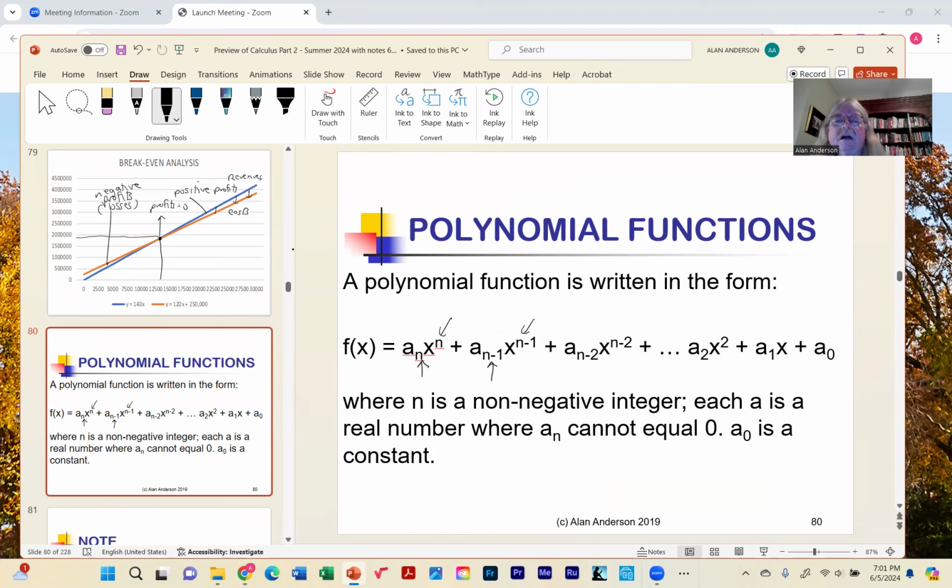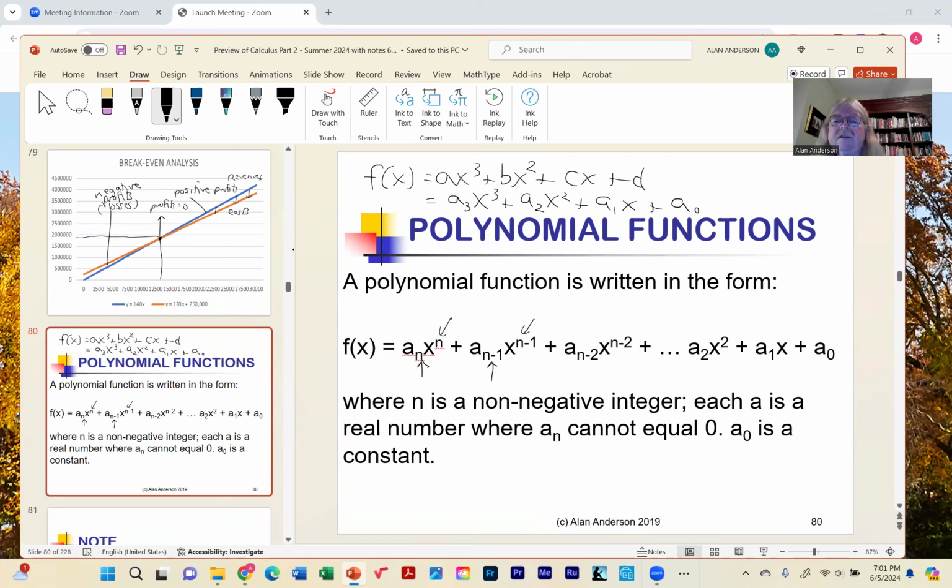So that means that a cubic function like this, if we wanted to, we could rewrite as a3 x cubed plus a2 x squared plus a1x plus a0 to be consistent with this.